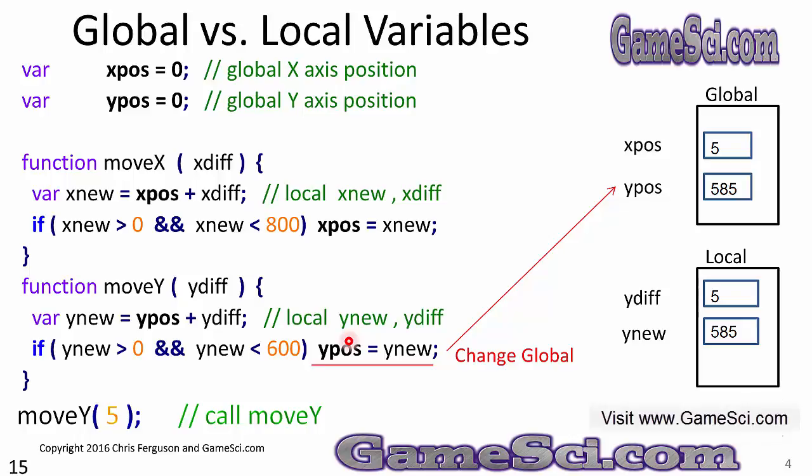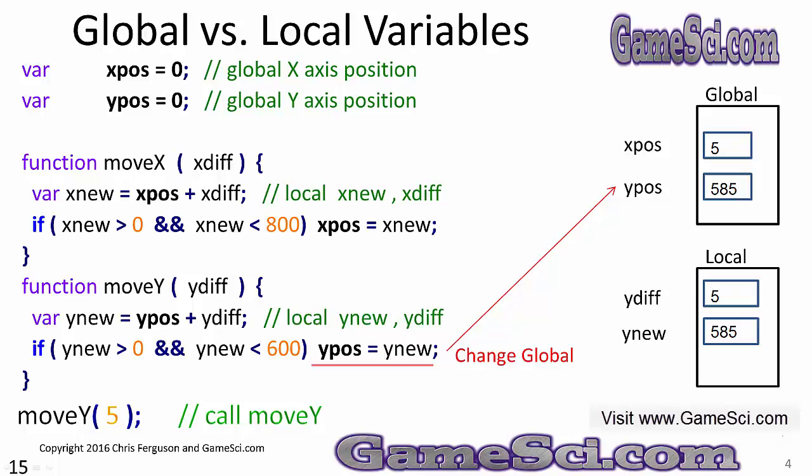We'll assign it to the yposition variable. And you can see ynew, the local variable, got assigned to yposition, the global variable. We changed the global variable because moveY did it within proper boundaries.